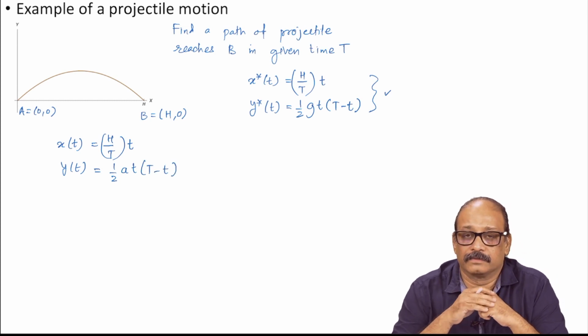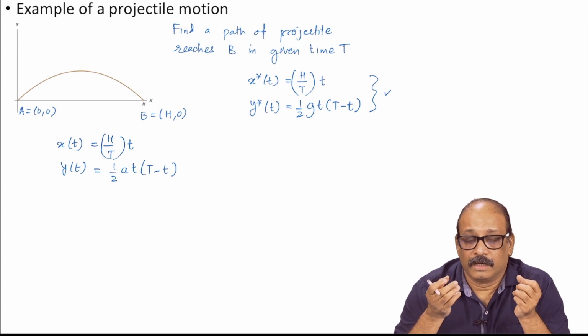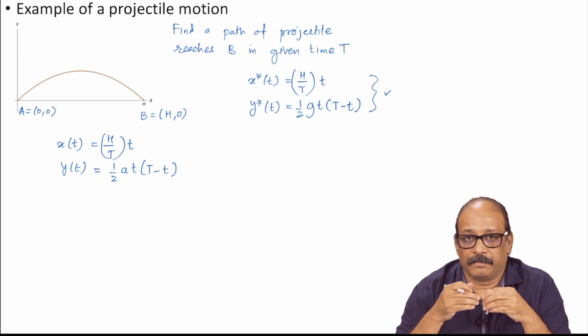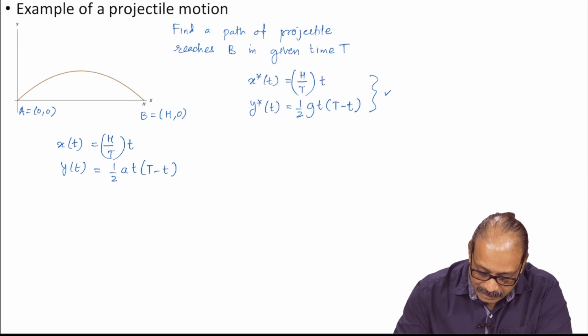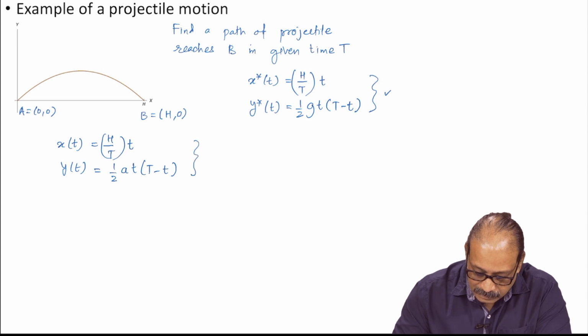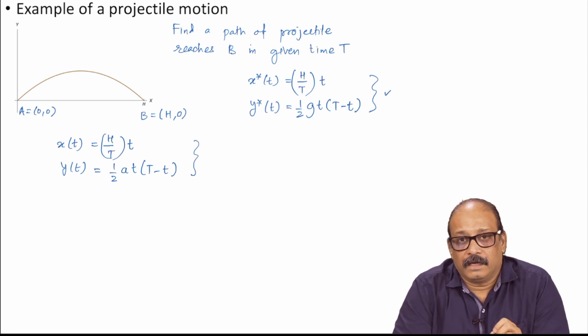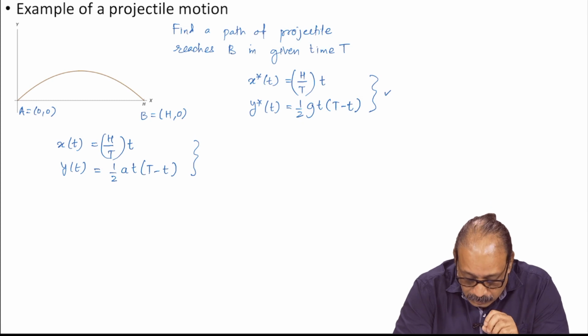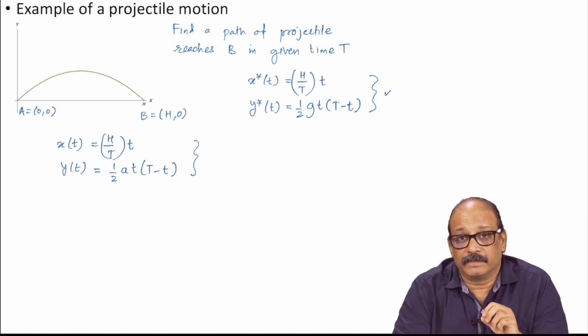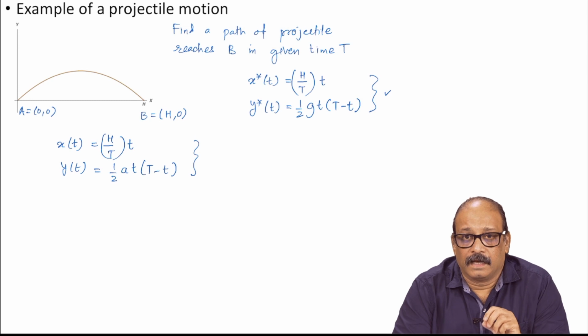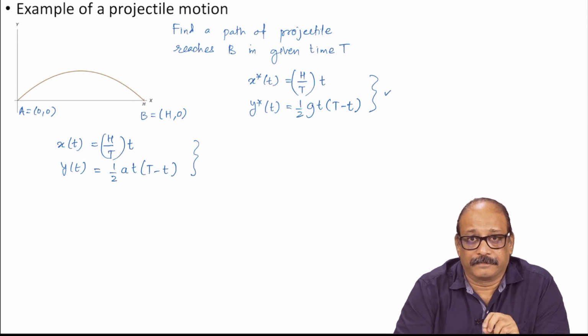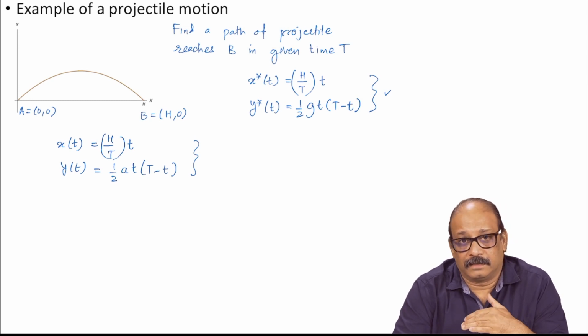What does this give you? This of course gives you lots and lots of parabolic paths. All these paths, remember, start at 0, 0 and end at point B, which is h comma 0, in time capital T. Okay. But they are different parabolas.